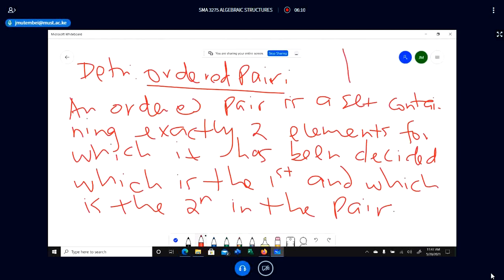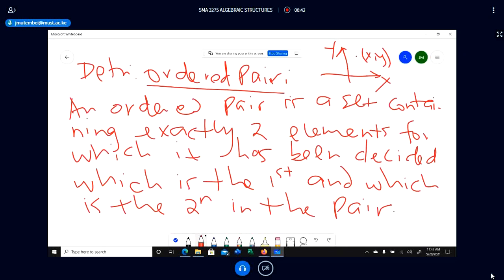That is why I said that for the coordinates of a point (x, y), I will know that the first value is the x coordinate and the second value is the y coordinate. In the Cartesian plane, the way that pair of coordinates is written has been decided: the first value will come from the x-axis and the second value will come from the y-axis.